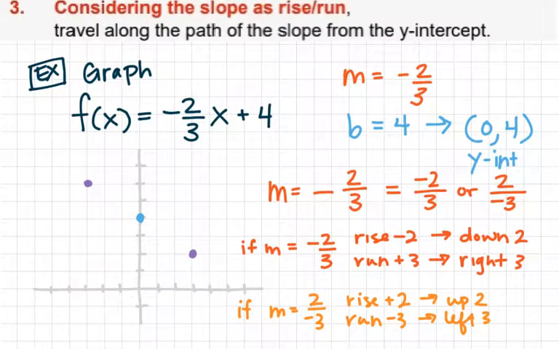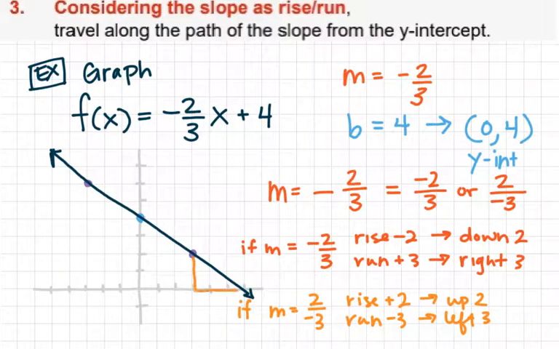You'll notice that all three of these points are on the same line. I didn't do the most perfect job drawing this, but if I went from this point down 2, right 3, you'll notice I end up at another point on the same line. The big key when drawing this is to make sure we are drawing off of that y-intercept ordered pair.